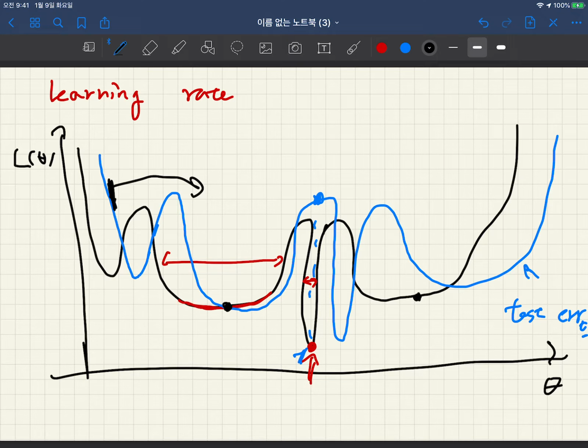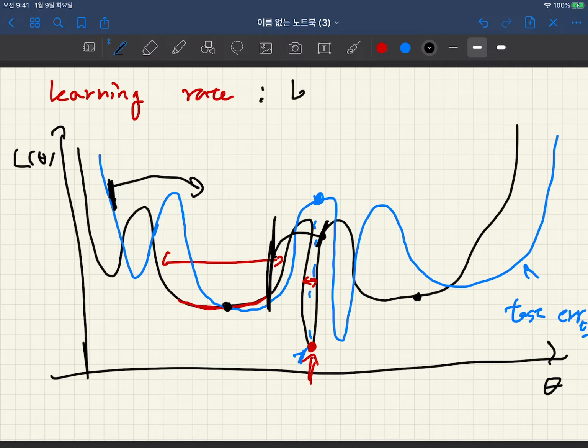When you are here, the slope is very huge, so with a sufficiently large step size, your next position will be somewhere here. So you can escape from the narrow valley, and you can go to some wide area, which can give very nice generalization properties. This is not rigorously proved, but just a conjecture.